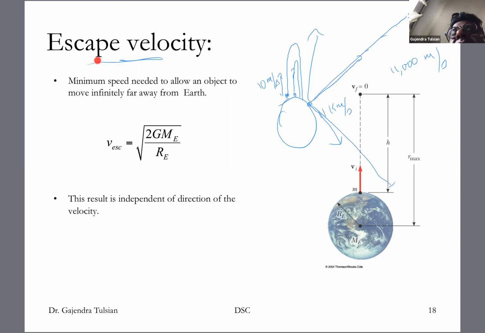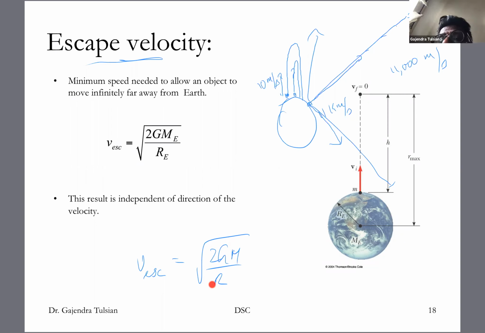So escape velocity is defined as the minimum speed needed to allow an object to move infinitely far away from Earth. And the escape velocity is given by this expression, the square root of 2GM_E divided by R, the radius of the Earth. This, of course, is a general expression, so the escape velocity from any object is the square root of 2 times G times the mass divided by the distance, and that is the escape velocity from that distance from the object.